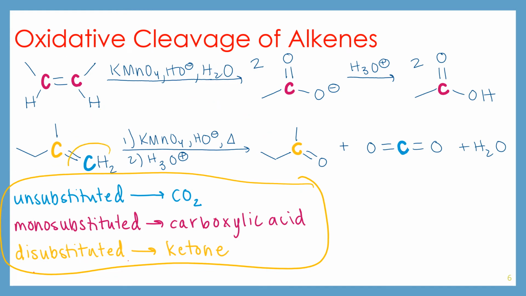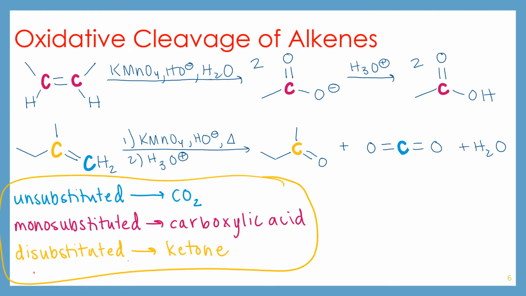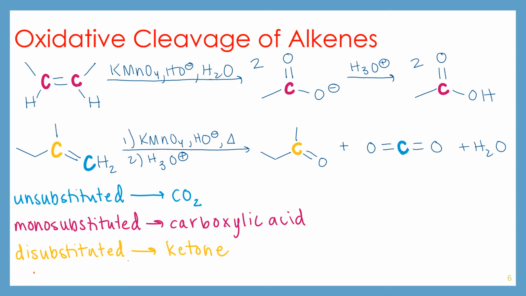If it has no substitutions on it, it will make carbon dioxide. That is the trend, and that is what I would focus on here. Learn to recognize those conditions, and then remember that each of these makes a certain functional group based on its level of substitution. And even more simply, for an unsubstituted carbon, it just makes carbon dioxide.